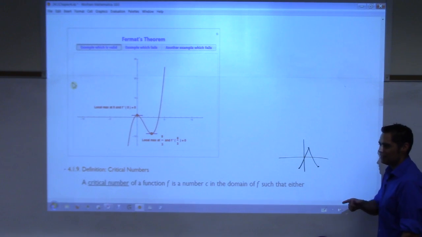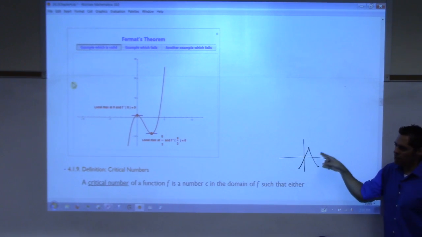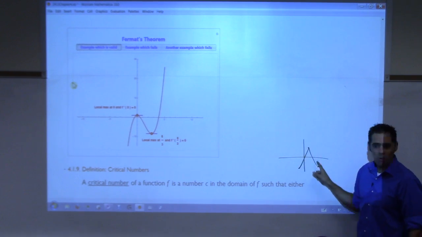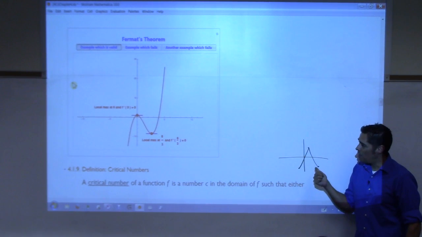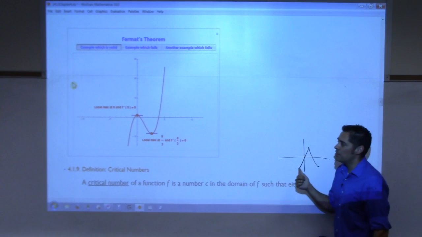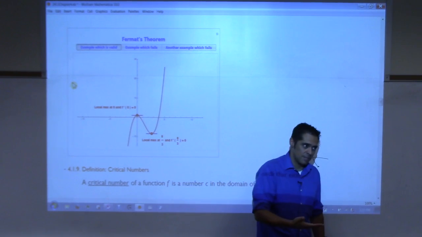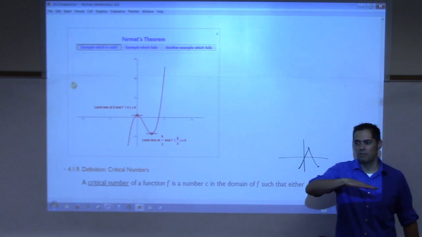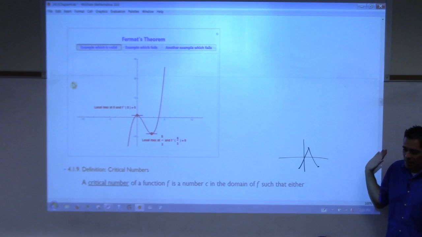Does this have a local maximum? Yes. Does the derivative exist there? No, because it's a corner, right? Derivatives don't exist at corners. Fermat's theorem does not apply to this. Fermat's theorem says if you have a local maximum and the derivative exists, then it has to be 0. If the derivative doesn't exist, he's not saying anything.